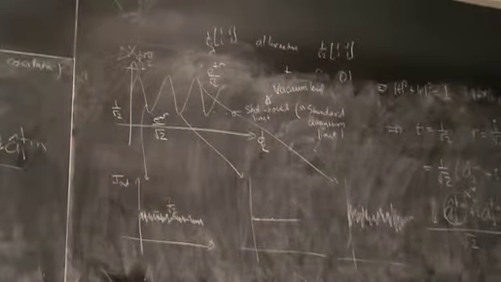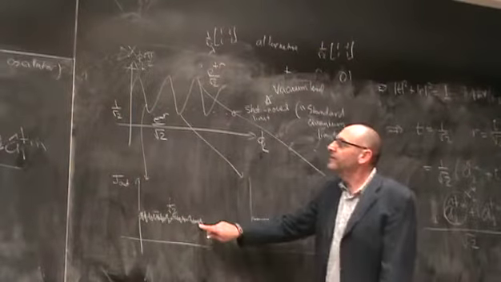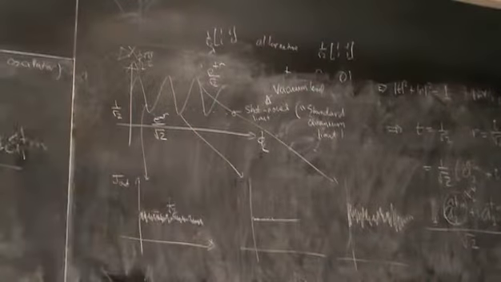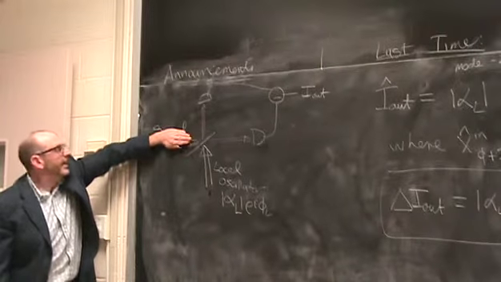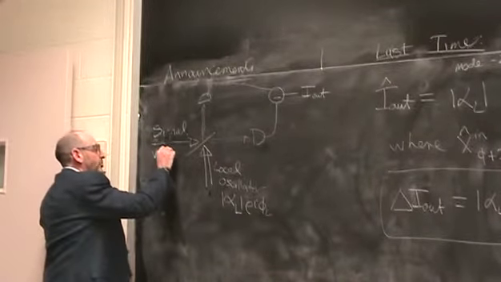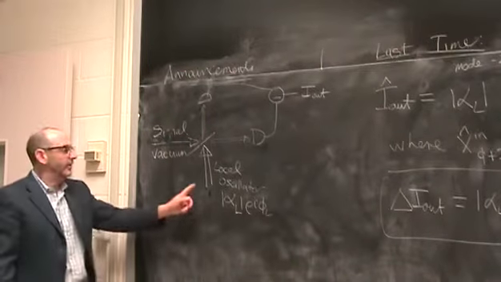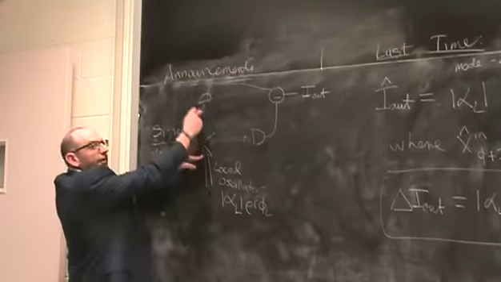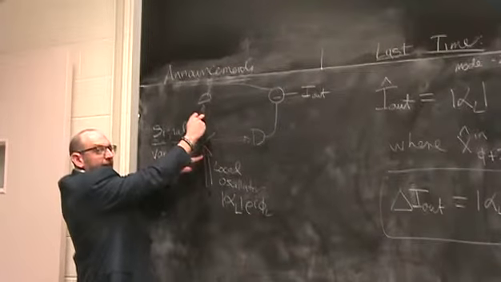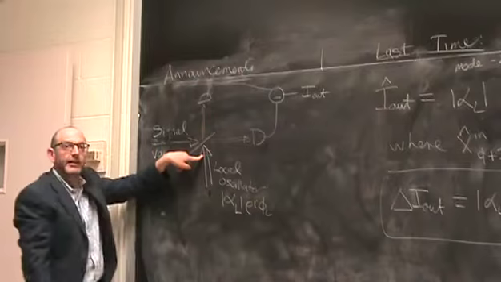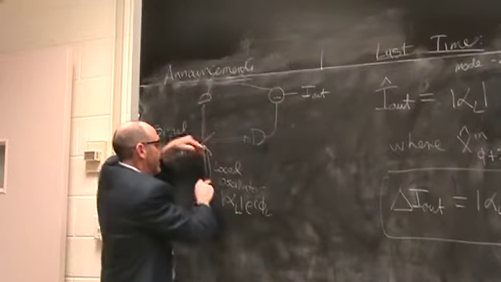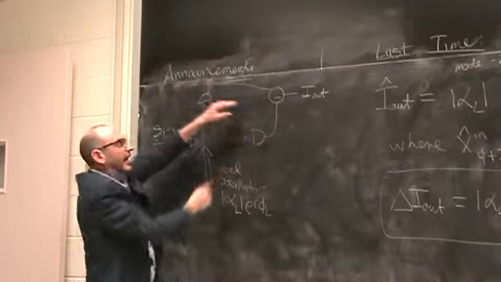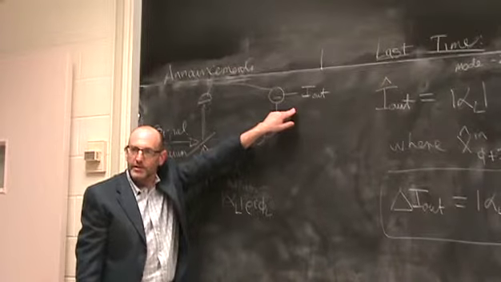So let's just think about that a minute, because it's kind of magical and kind of important. What is this level? Well, this is the level I would see if I had nothing coming in, right? If I had vacuum entering this port, some of the laser would get reflected, some of it would get transmitted, but because there's not a definite number of photons, I'll see some fluctuations coming in here.